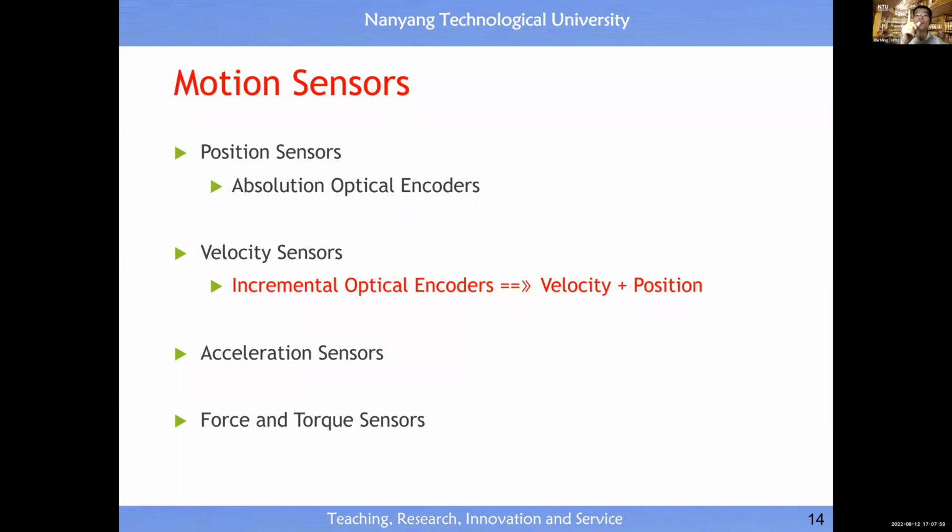All right, so that is the working principle, right? So use light to convert it into a square waveform. Why do we call it an encoder? It's because in the disk we place regular holes. It's like a pattern, like doing encoding, right? Spatial encoding. So this is why I call it an encoder.